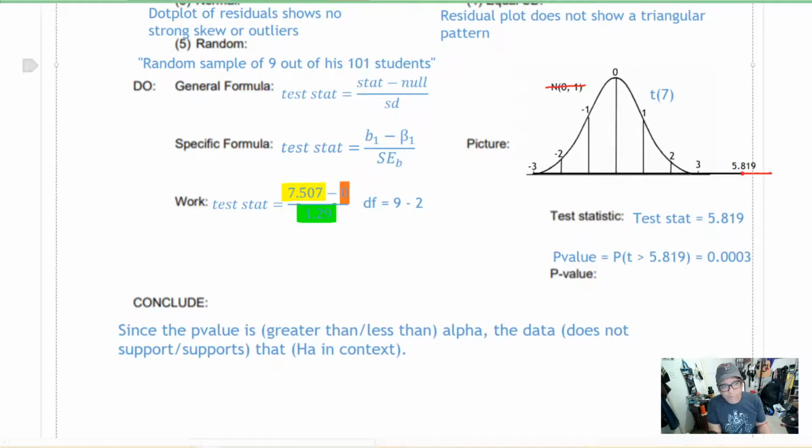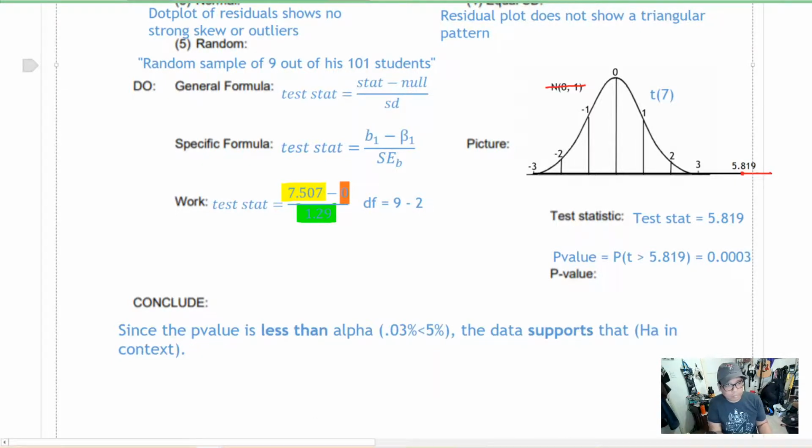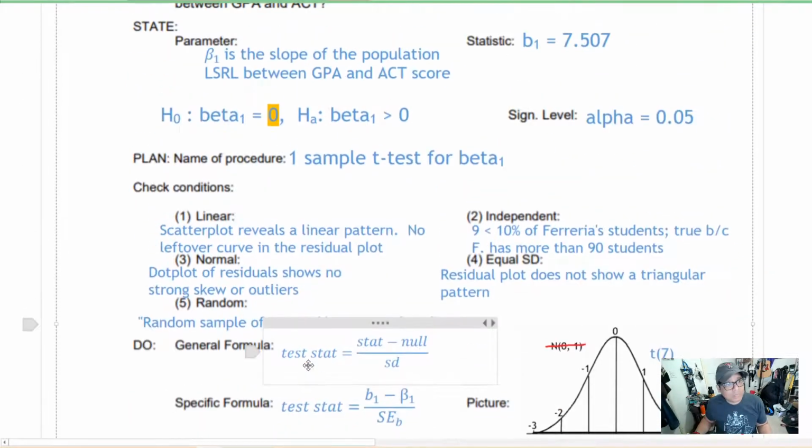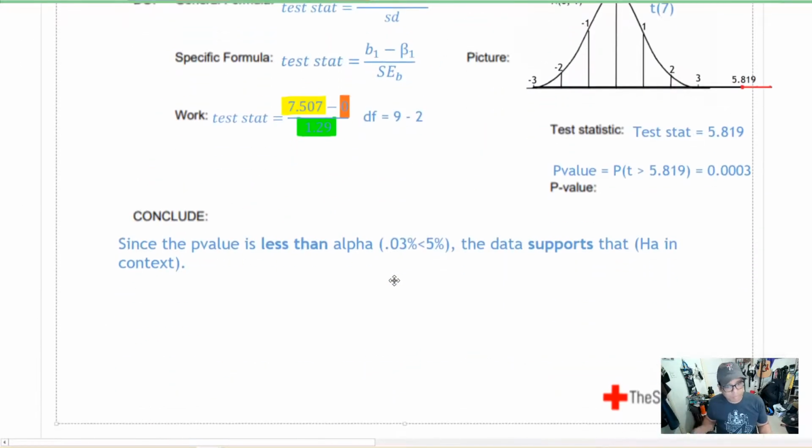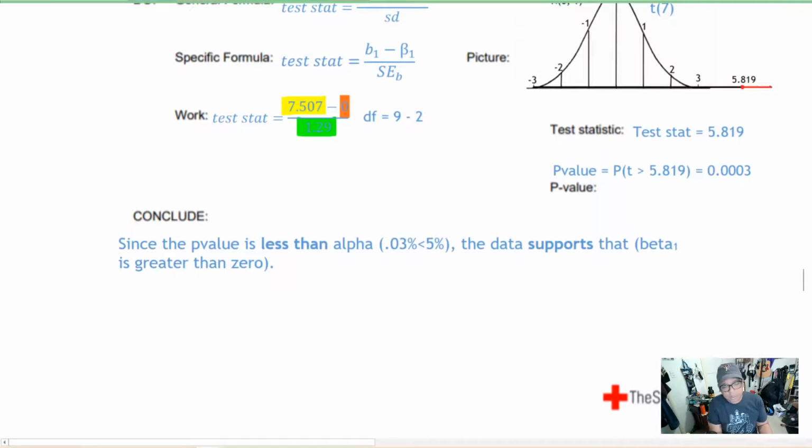Modifying this for the situation, we have a p-value that is less than alpha. So the data is going to support the alternative hypothesis. Since the p-value is less than alpha, 0.03% is less than 5%, the data supports that. Okay, so what's our alternative hypothesis? It is beta 1 greater than 0. So it supports that beta 1 is greater than 0.